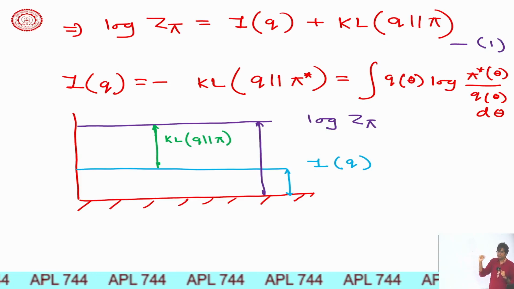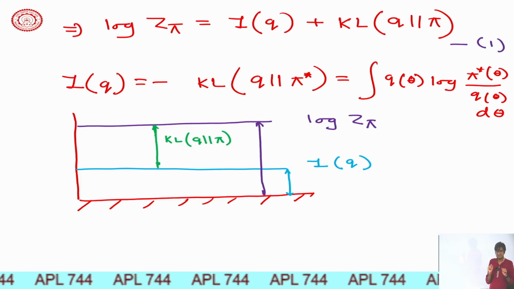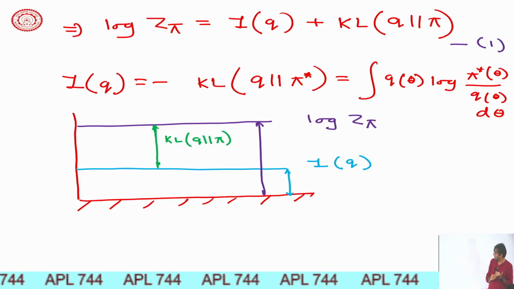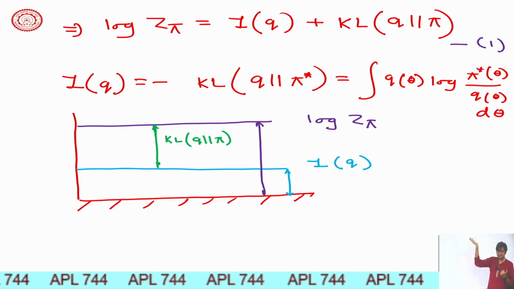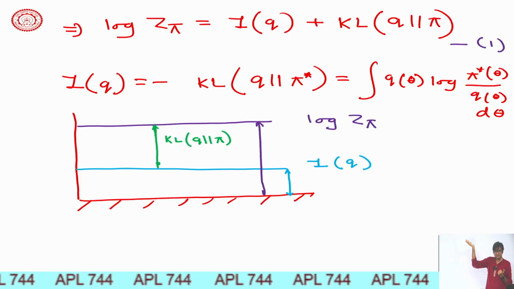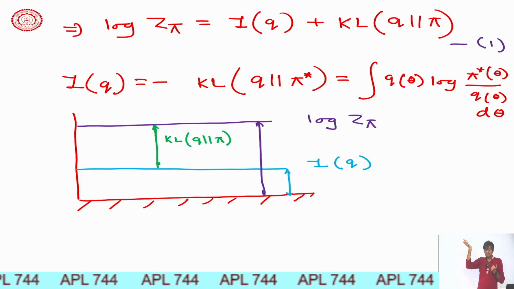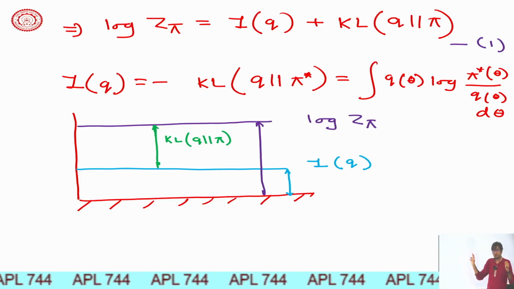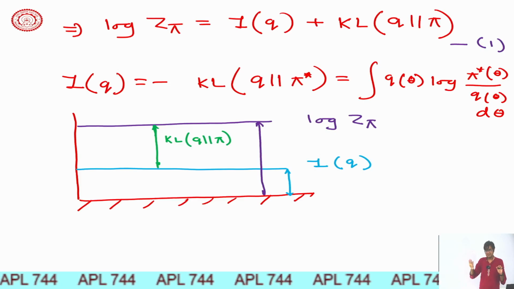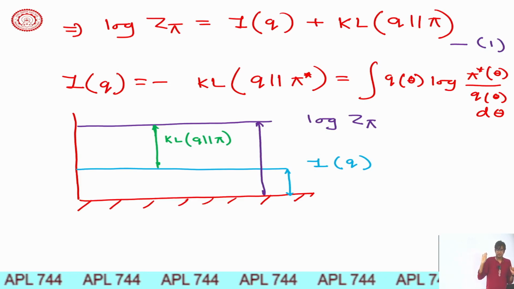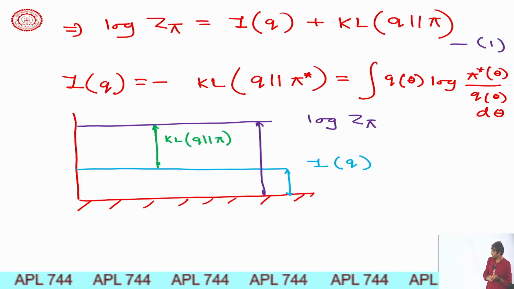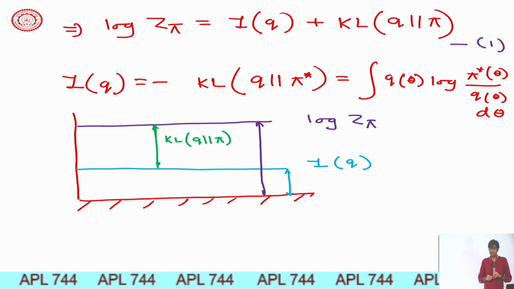So L of Q is known as the lower bound. And you want to maximize that. Right? You want to maximize the lower bound. And if you can actually maximize it to the global maxima, in that case, KL between Q and pi will go to 0.